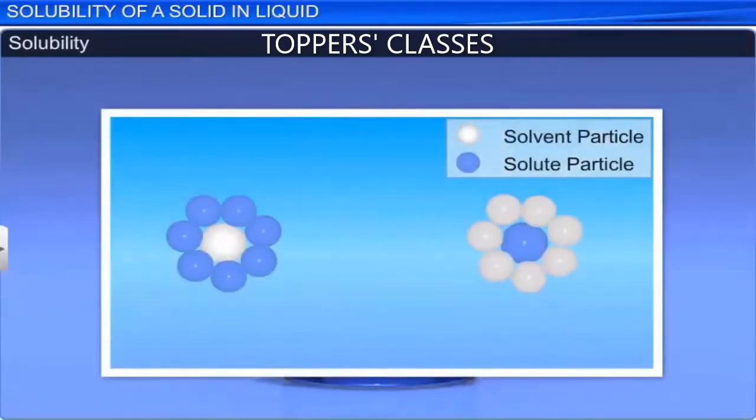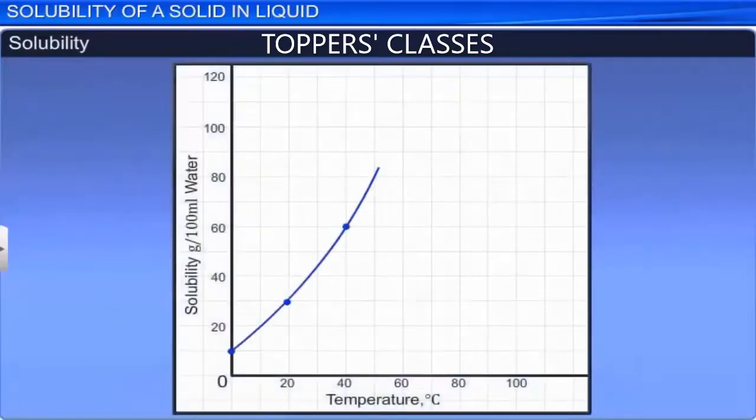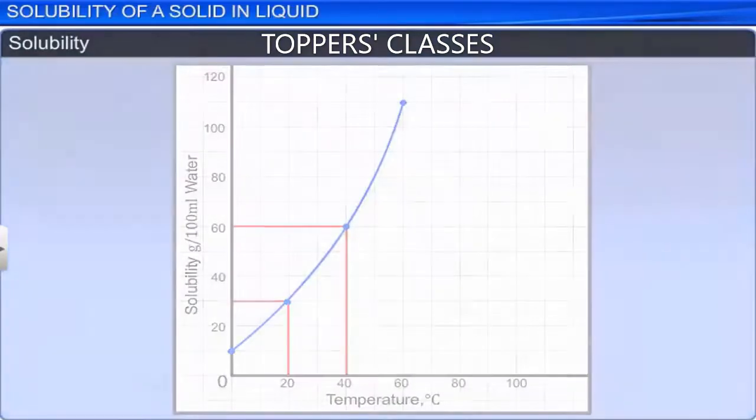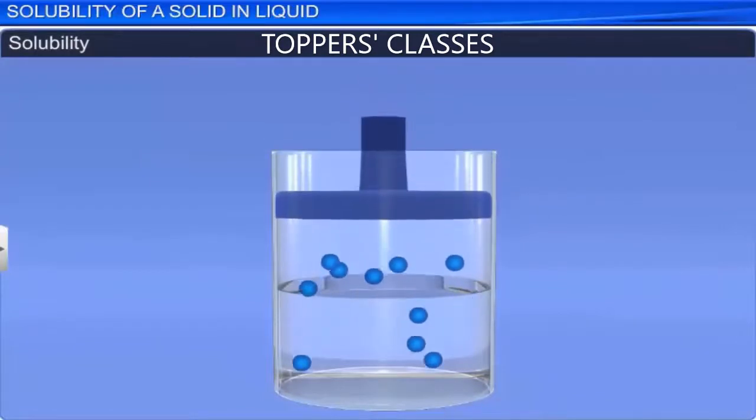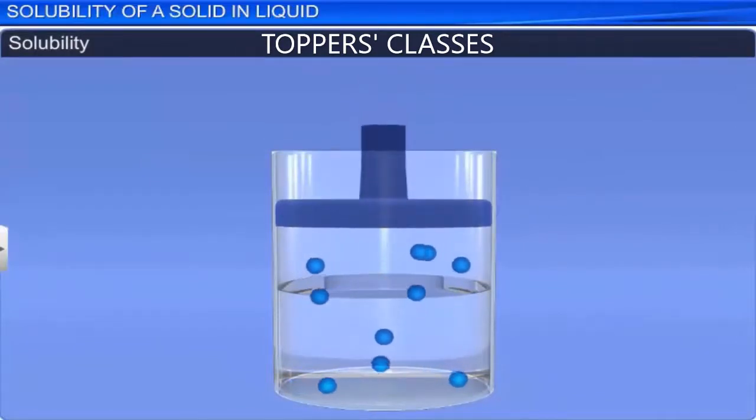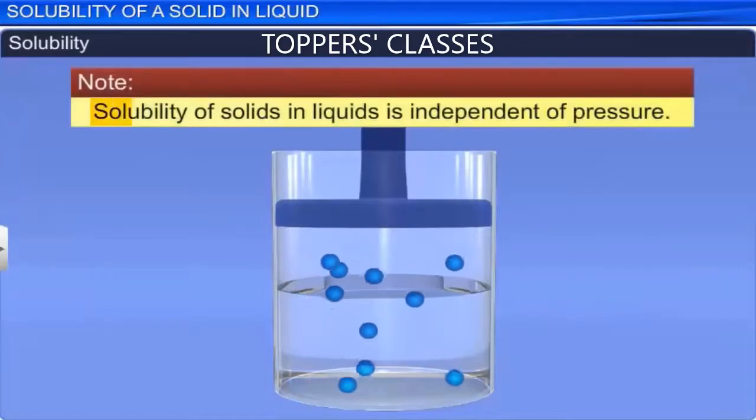Hence, it depends on the nature of the solute and the solvent, as well as on the temperature and pressure. However, note that the solubility of solids in liquids is independent of pressure.